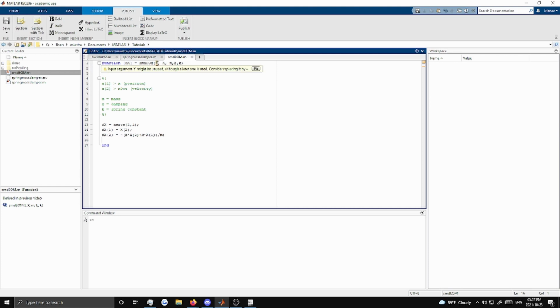As you can see, that gives you a little bit of an error here. It says t might be unused. This comes in handy later because the ODE solver that we use, ODE45, asks that t is the first variable, and it's a bit picky about it, so we have to include it. This error means nothing here.